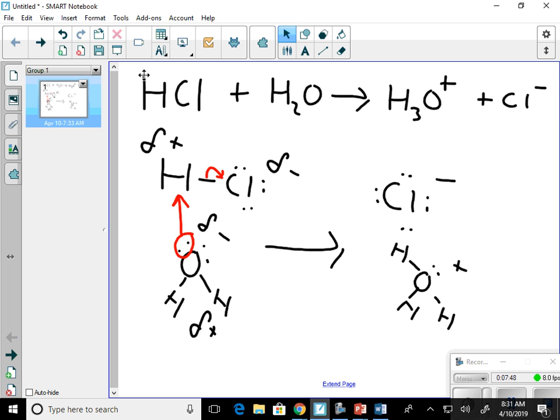Things can conduct electricity if they have ions in solution. I mean, salt water can conduct electricity. So why acids can conduct electricity is based upon this reaction I have up there on the board. When this bond breaks right here between the H and the Cl, remember a bond is 2 electrons. So those 2 electrons get deposited around the chlorine. So now it's the chloride ion.